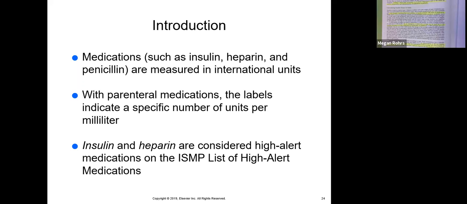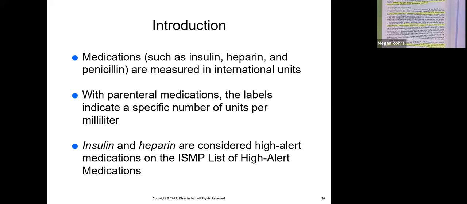The main anticoagulant this chapter discusses is heparin, which is a very common blood thinner, as well as insulin and other drugs like penicillin. They're going to be measured in international units. It's important to note that these units are only specific to that certain drug.